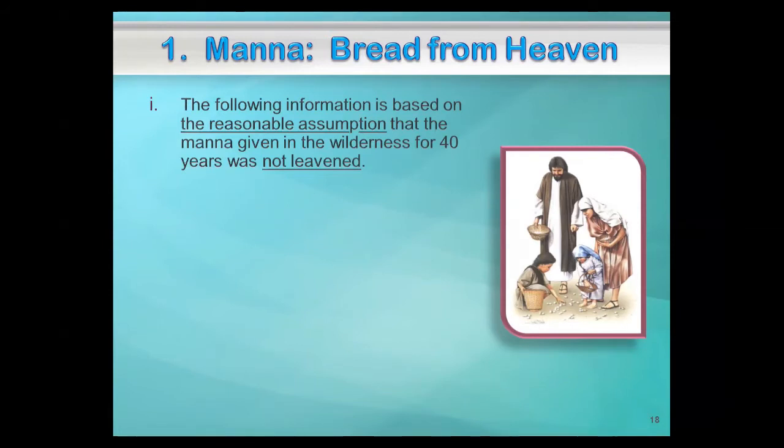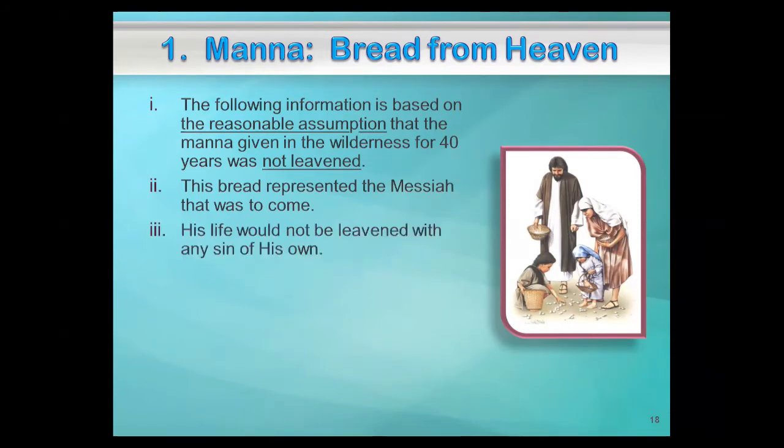Number 1, the following information is based on a reasonable assumption that the manna given in the wilderness for 40 years was not leavened. This bread was to represent the Messiah that was to come, and his life would not be leavened with any sin of his own.